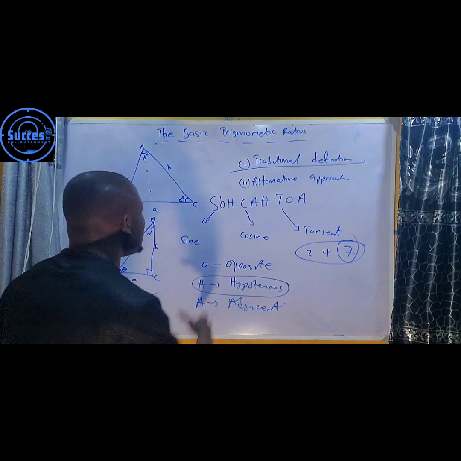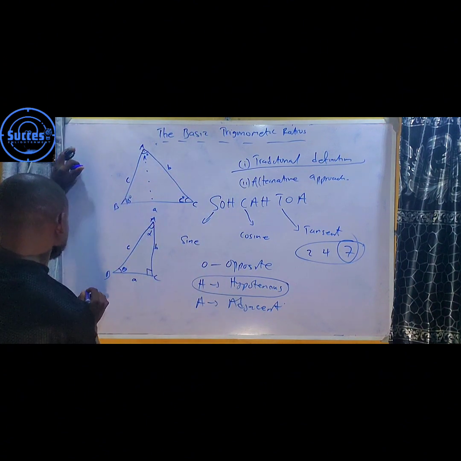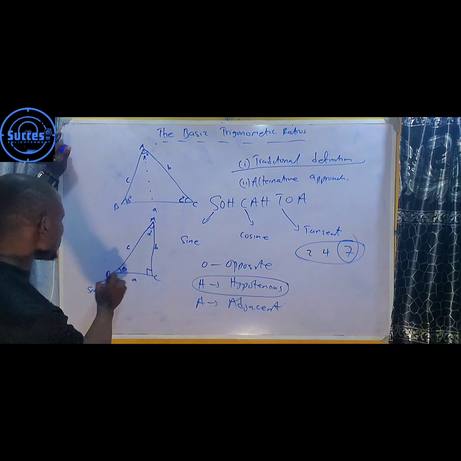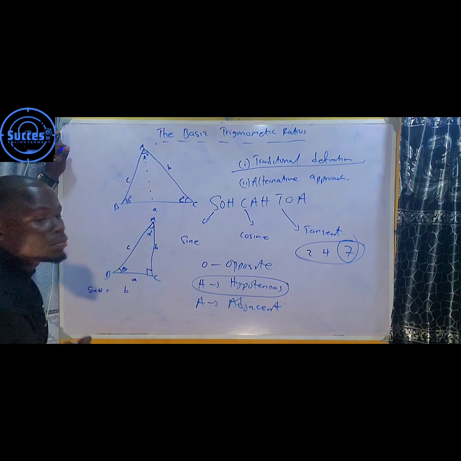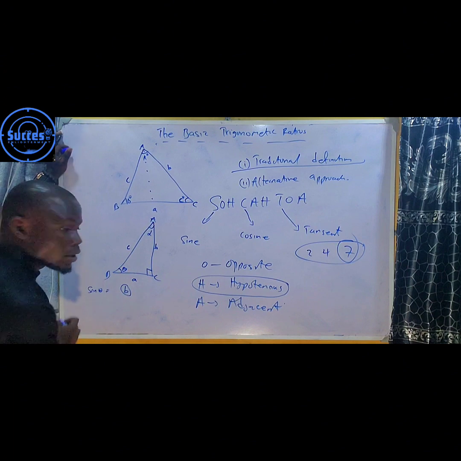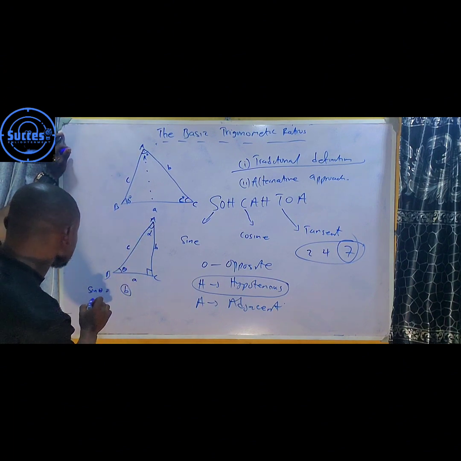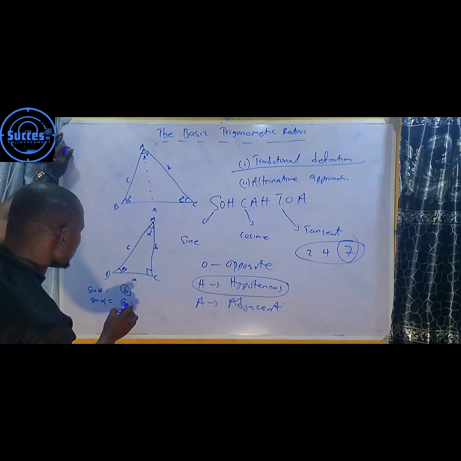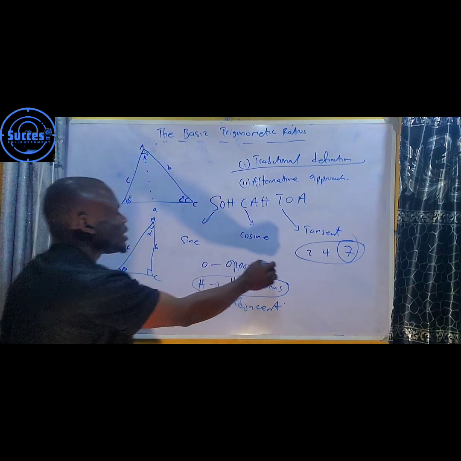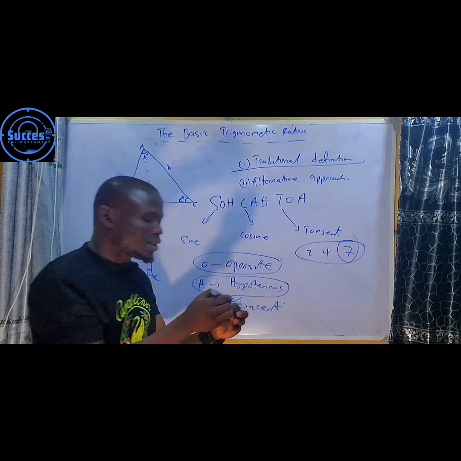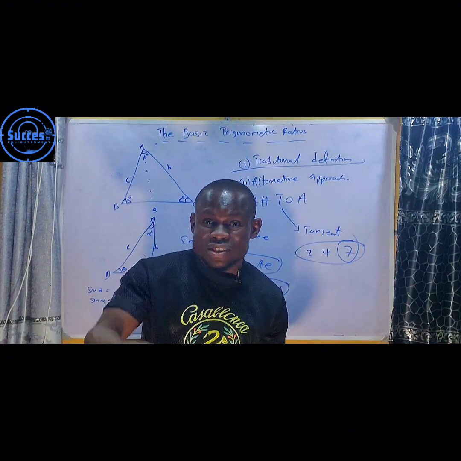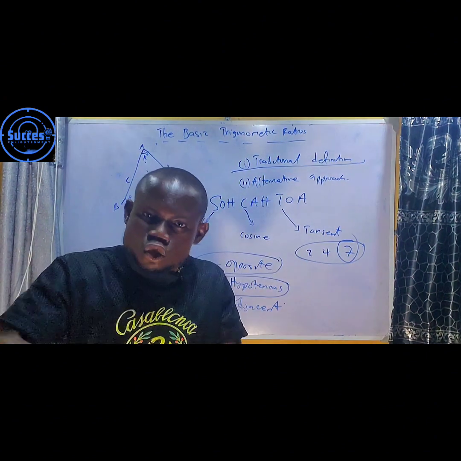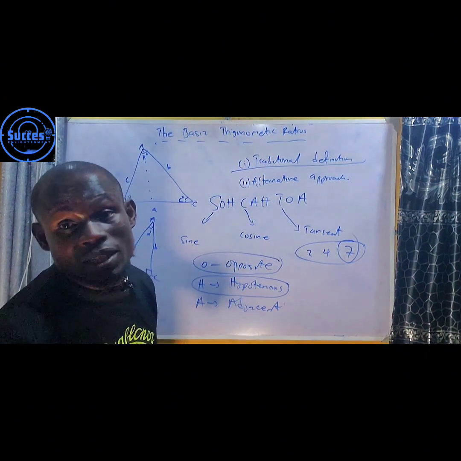For instance, let's say I'm dealing with sine and I want to find sin theta. The opposite in this will be B. This will be the opposite side. But should in case I'm focusing on sine alpha, the opposite will be A. What the opposite directly implies is which side is directly facing the angle that you are concerned about, that you are trying to estimate, that you are trying to find.